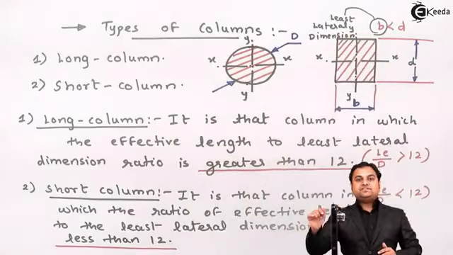And if the ratio of effective length upon the least lateral dimension B is less than 12, then it is a short column.